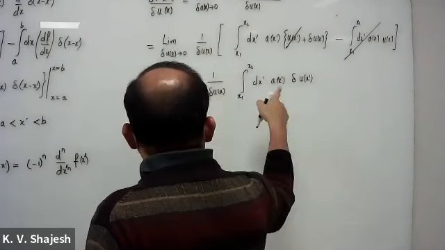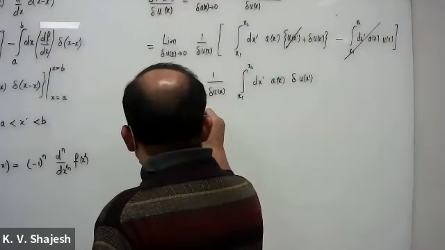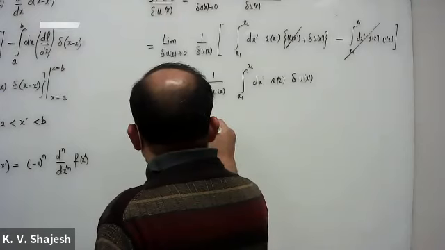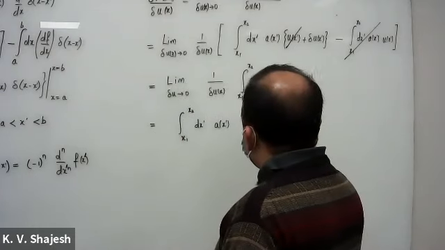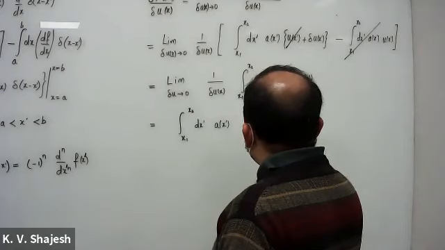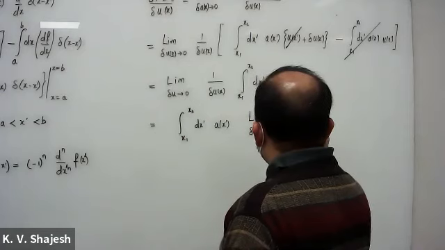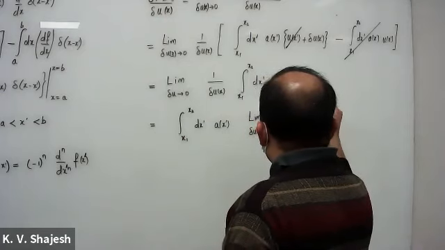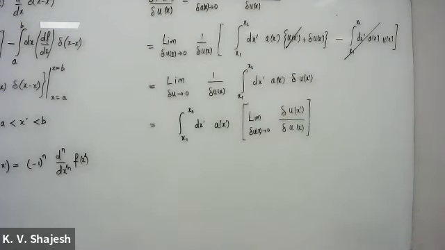Because it's x dependent and the integral is over x prime, we can actually do this: integral from x1 to x2 of dx prime, A of x prime, and we say this is the limit as delta u of x goes to 0. And then the question is, what is this feature?